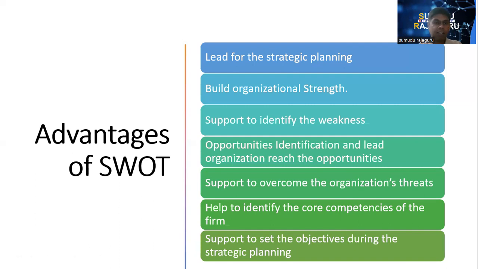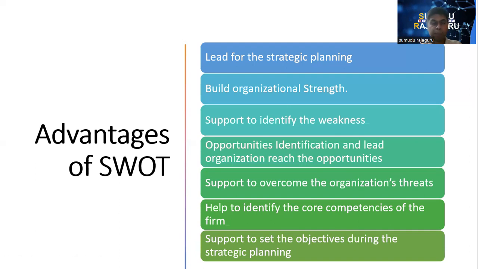When we conduct the SWOT analysis, we have to go through 5 steps. Step number one is we have to allocate a facilitator. The facilitator may be a person within the organization or outside the organization. Then we have to identify the strengths, the weaknesses, the opportunities, and analyze the threats also.